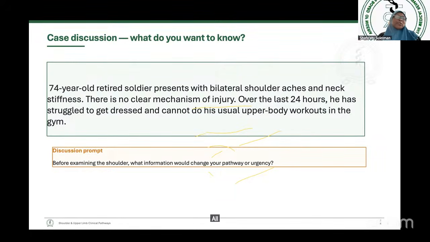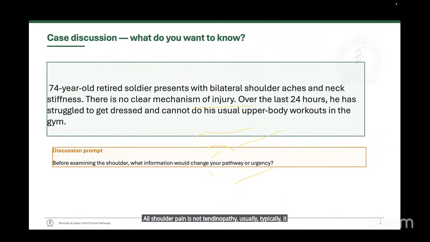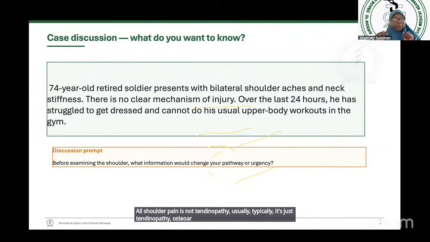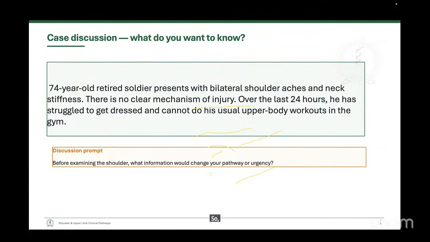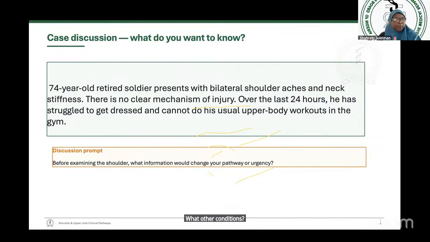All shoulder pain is not tendinopathy. Typically, it's just tendinopathy, osteoarthritis, or frozen shoulder. But no, there are other conditions. So what is the patient presenting with? What other conditions can have the same pattern of presentation? So in that way, we are able to screen.